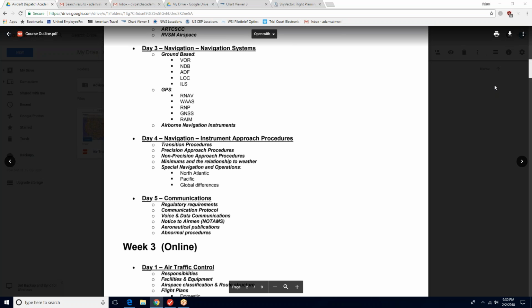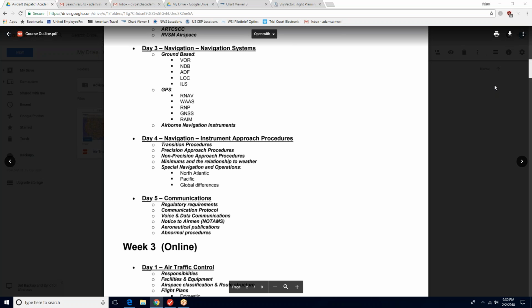So yeah, we need to be able to name 3 different types of non-precision approaches and 2 different types of precision approaches. Does anybody want to spout off 3 different non-precisions? I have LOC, VOR, GPS, and NDB.